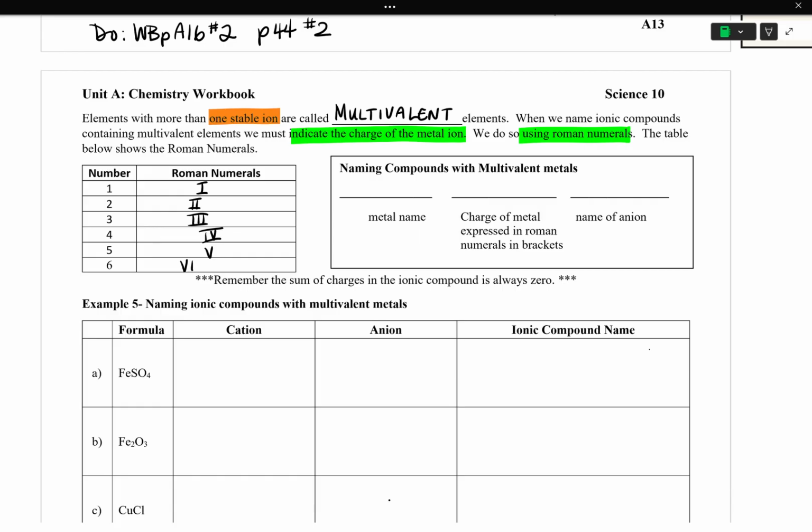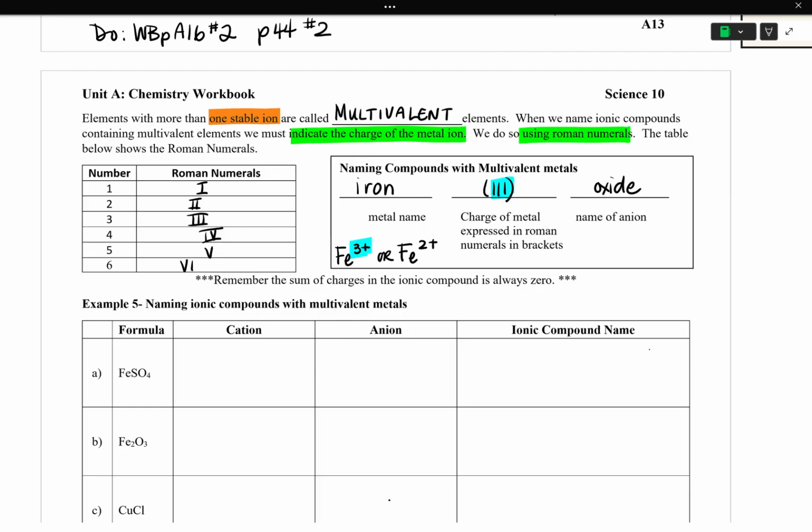So if we have a metal like iron, iron can be Fe3 plus or Fe2 plus. If we make iron oxide, I could write it as iron 3 oxide, and then you know that this 3 is a 3 plus charge on the iron.